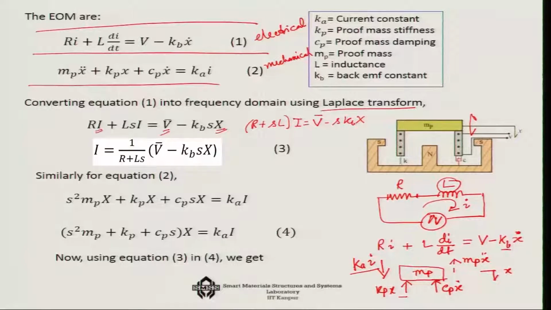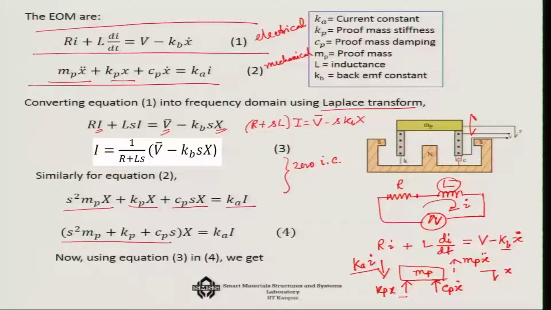Similarly, from equation 2 also you will get, in both cases considering of course zero initial condition. Now, in the second case what you are going to get is s square MP X, from the first term, then Kp X from the second term, and then s Cp X as the third term, equals Ka I. Here also I can take x out.